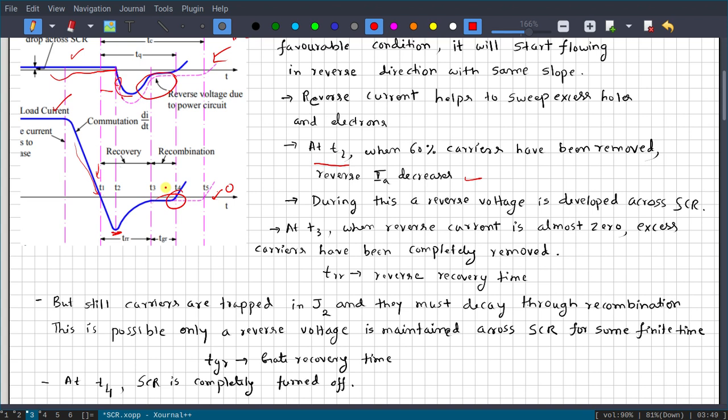These three things should happen, and it has two time periods. One is called reverse recovery time, from T1 to T3. The other is called gate recovery time, from T3 to T4. So this is what you have to write, the current waveform and the voltage across the SCR waveform. Okay, thank you.